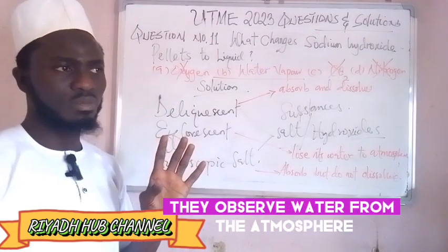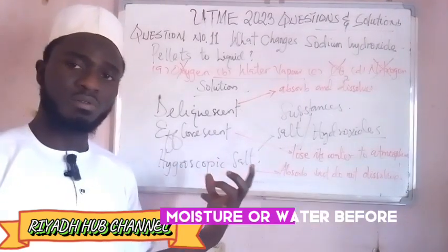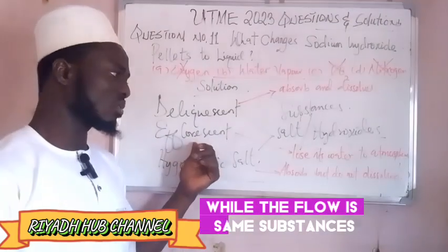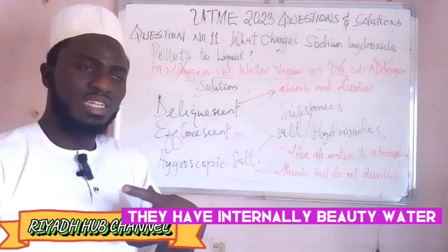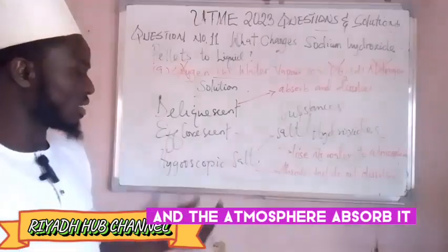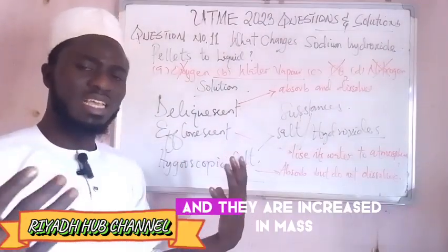They absorb water or moisture from the atmosphere and dissolve in it. Efflorescent substances lose their own internally built water to the atmosphere. Hygroscopic substances absorb water from the atmosphere and increase in mass.